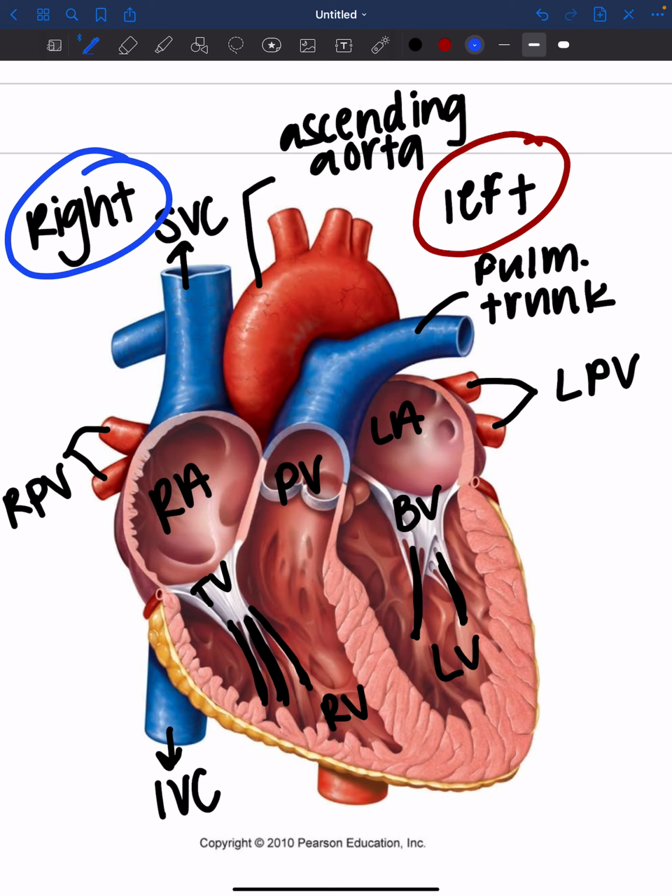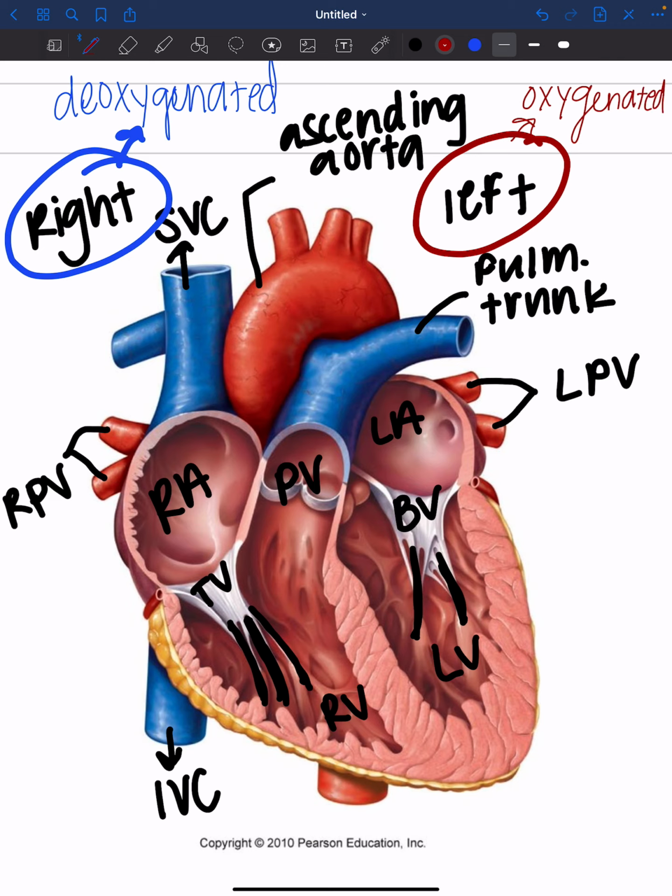The right side, why I made that blue is because it's the deoxygenated side. Then our left side is going to be our oxygenated side. Just remember this. It will really help.